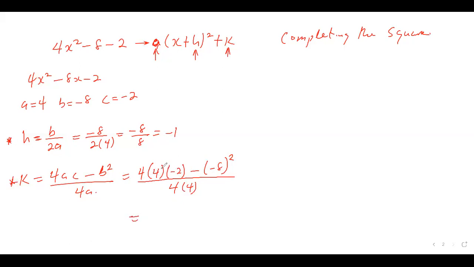4 times 4, what do I get? 16. 16 times -2 gives me -32, minus, no, this is 64, right? All over 16. Now, when we work this out, what do we get?